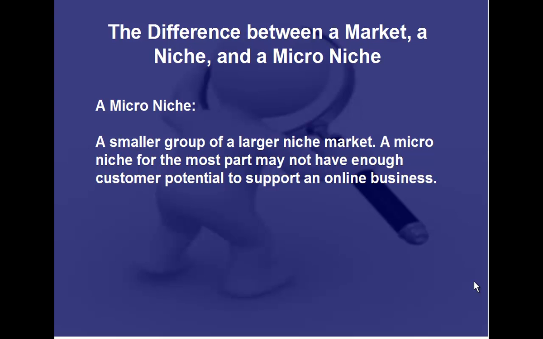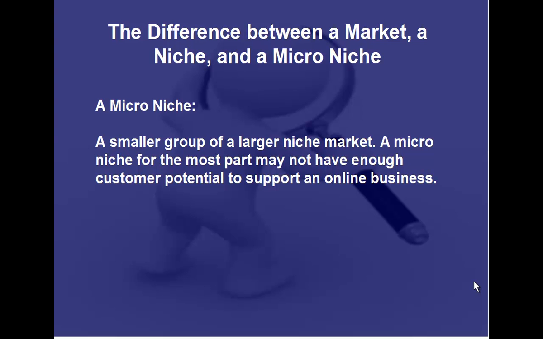And of course, this is just something to help you understand the differences between a market, a niche, and a micro niche. Another thing to keep in mind is that you may think you've discovered a micro niche, and I may think that stevia gum is a micro niche. But you can only know that through analysis. So once again, the things that you think are niches might not fall into that niche category.